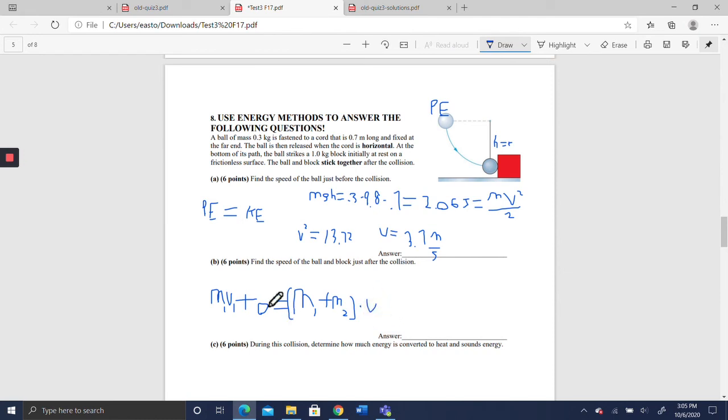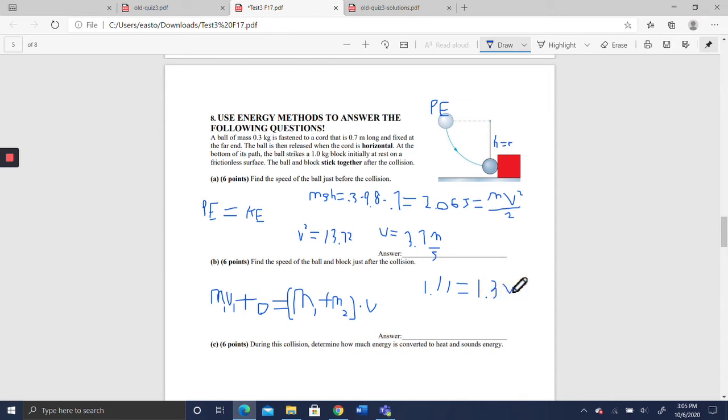What we want to do now is just plug in these values. So we have 0.3 times 3.7, which gives us 1.11 is equal to 1.3, if we combine the masses, times v.